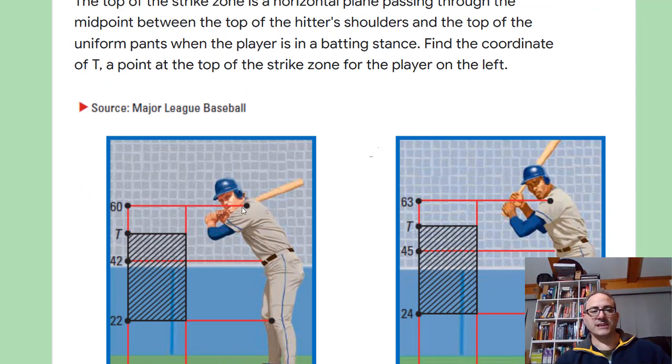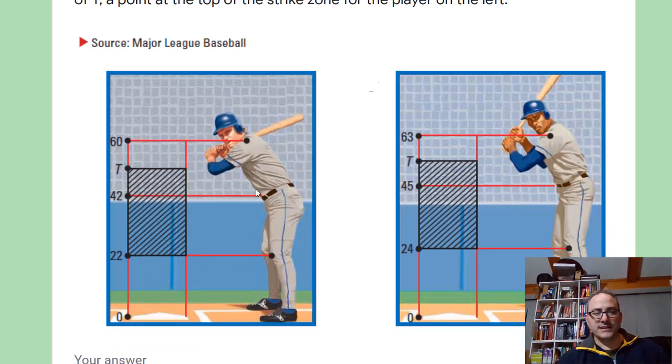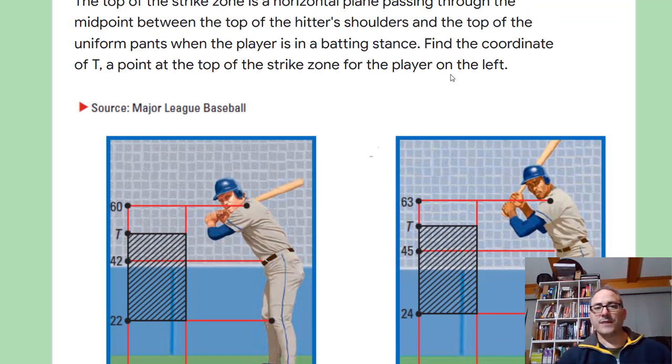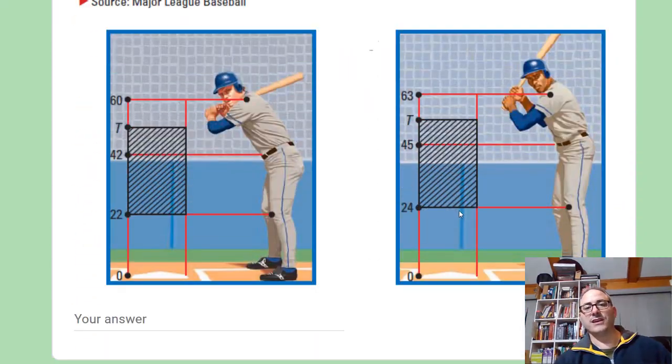So the strike zone is the midpoint between the top of the hitter's shoulders and the top of the uniform pants when the player is at batting stance. So this here is the midpoint between this and this. You have to find what the midpoint is for T, the player on the left. And then I have another one. I want you to find also the strike zone T for this player on the right.